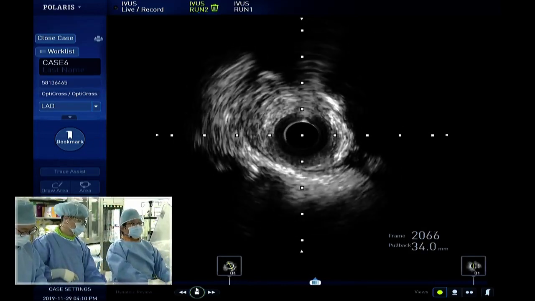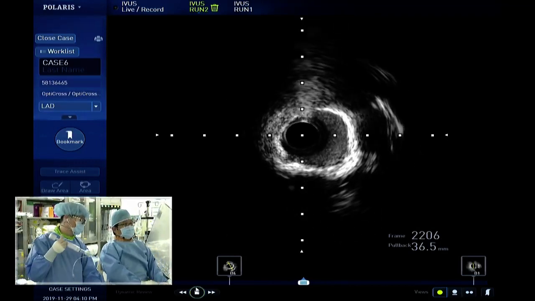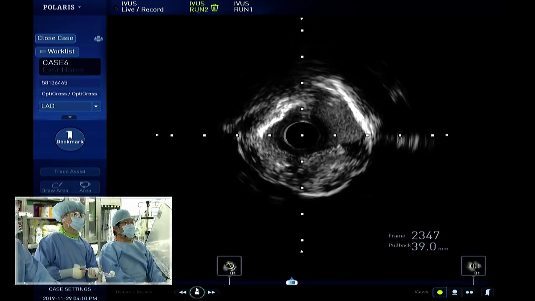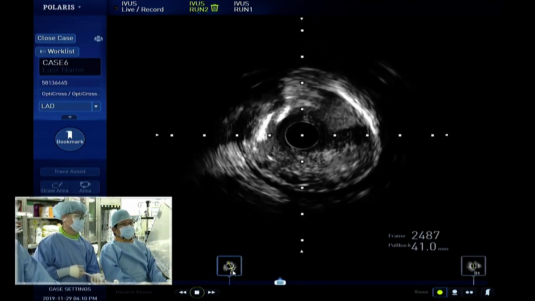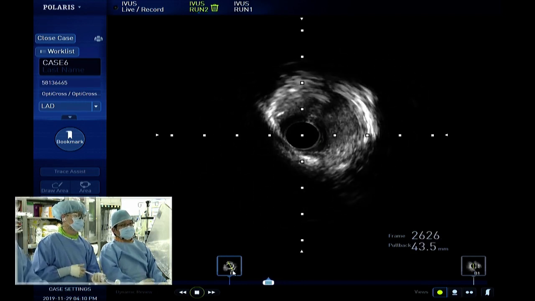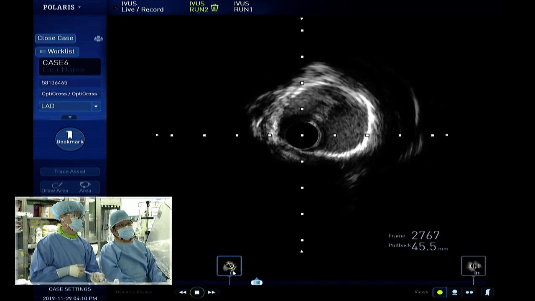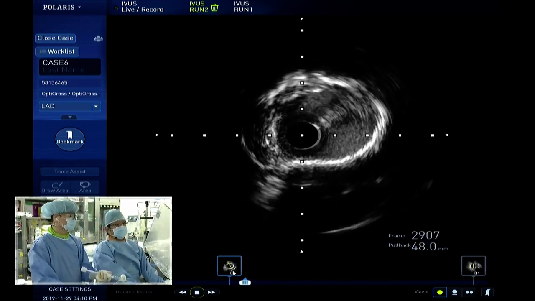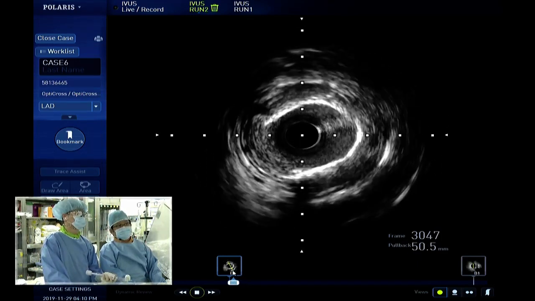Yes, proximal vessel is very big. Encircling, almost. Proximal is looking very soft. Vessel is almost 4.0. Big vessel.